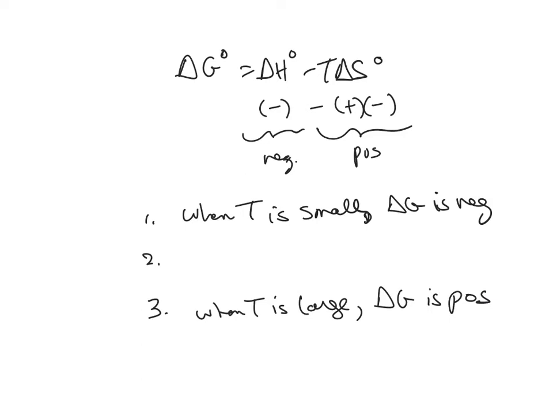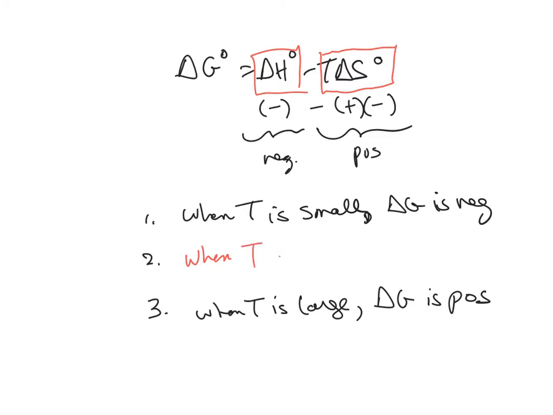Okay, but what about the in-between situation? So what about when the numerical value of T delta S equals the numerical value of delta H? So there's that unique situation where they're equal and delta G is 0, right? So that's the second point here, or the middle point.